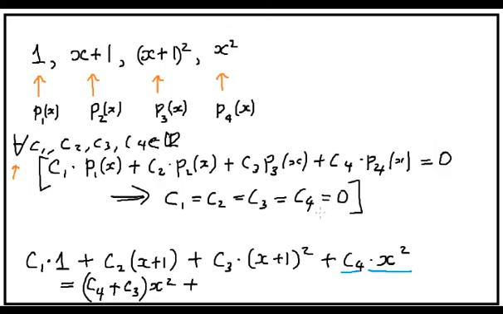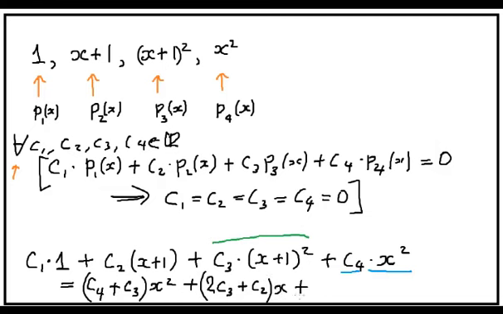Now let's look at the x terms. This term here is going to contribute 2c3x. And we also have another x term here, which is c2x. So altogether it's going to give us 2c3 plus c2 times x.